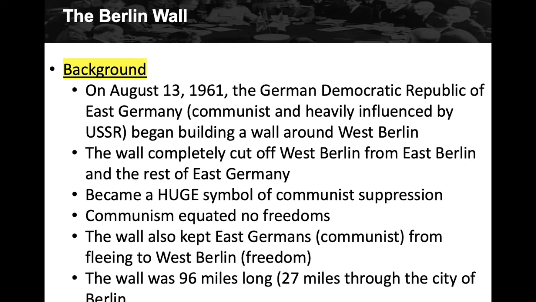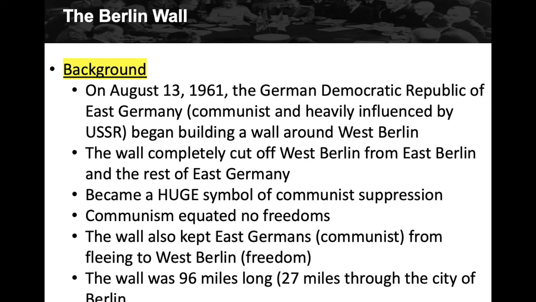On August 13, 1961, the German Democratic Republic of East Germany, that is the government of East Germany. It's German, not Russian, and that's their government. Number one, it's communist, and number two, it's heavily influenced by the USSR. It's almost like a puppet state, because it's part of the communist bloc.